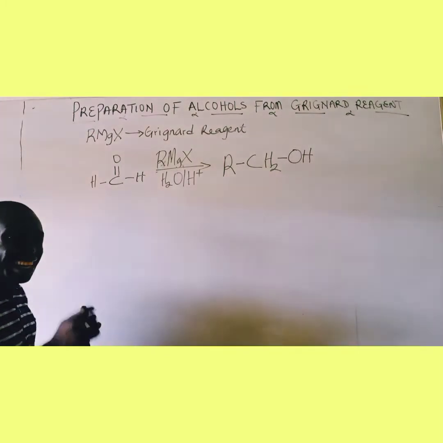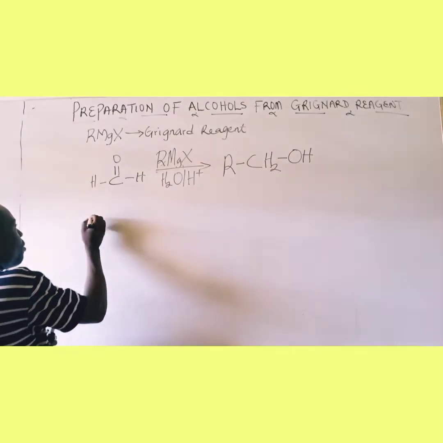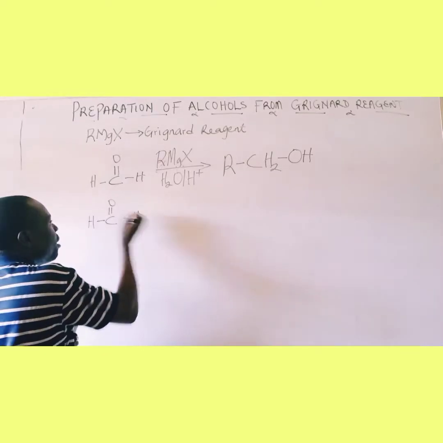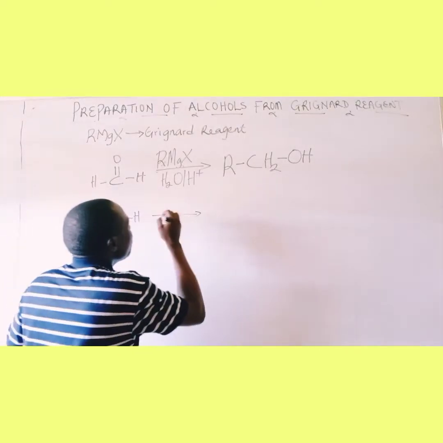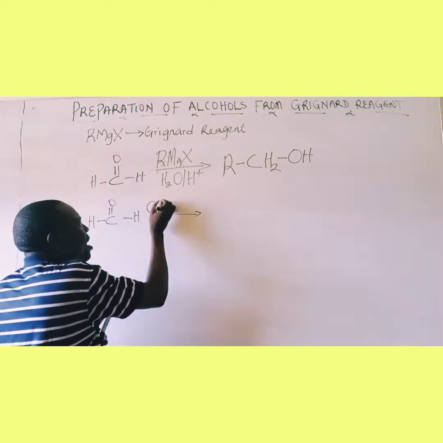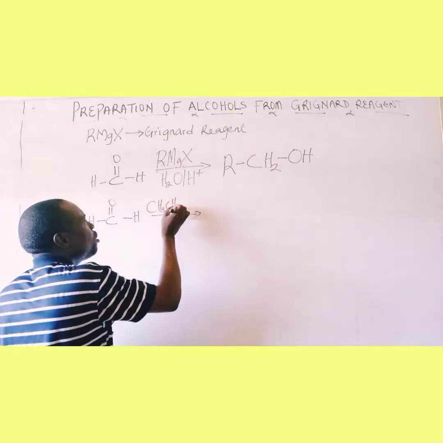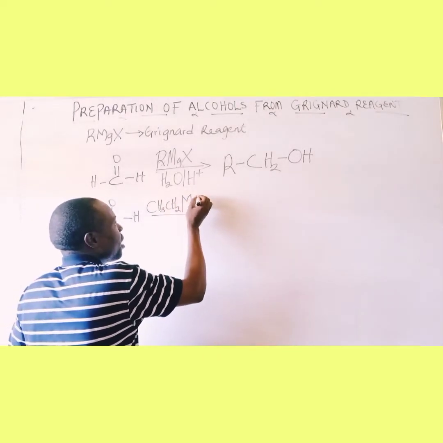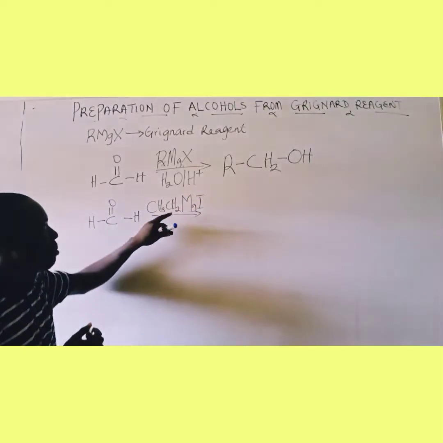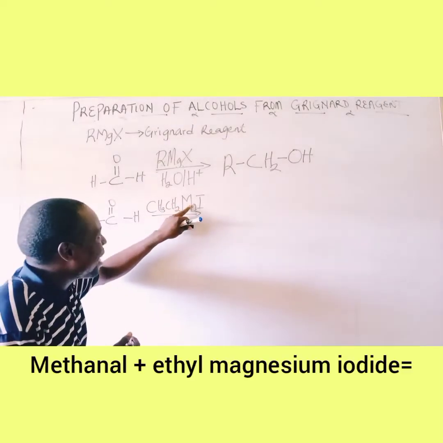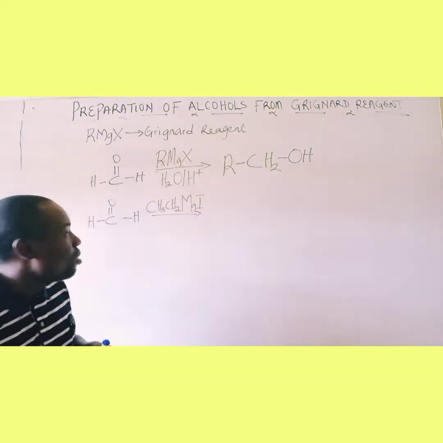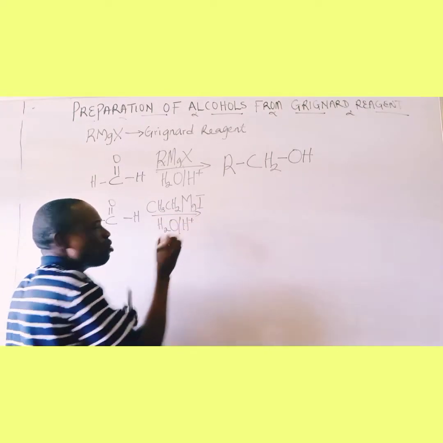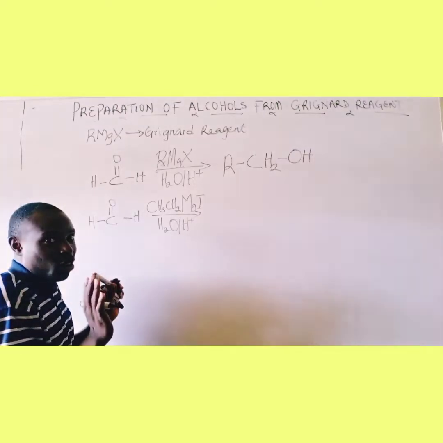We take a simple example. I'm having H, which is the methanal, then CH3CH2MgI, which is ethyl magnesium iodide, then H2O. Please follow the rule, it's very simple.